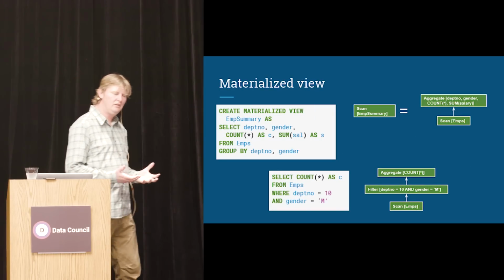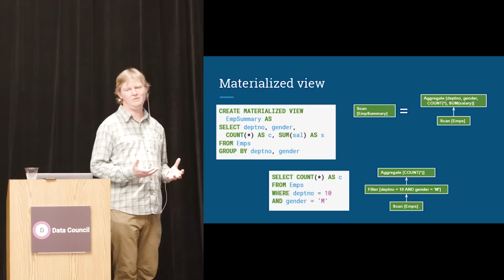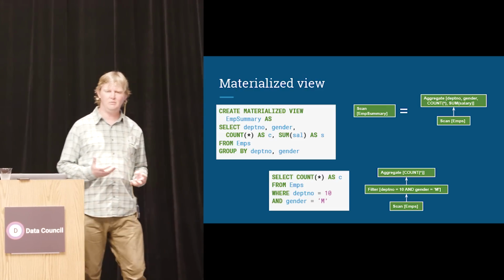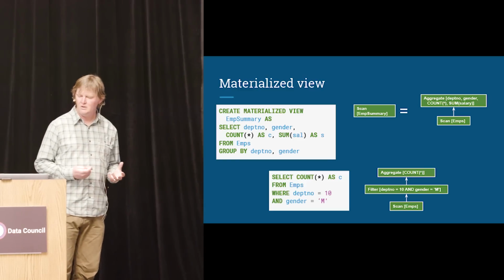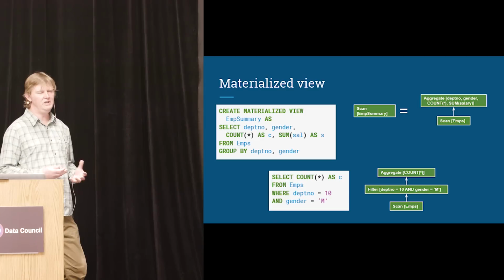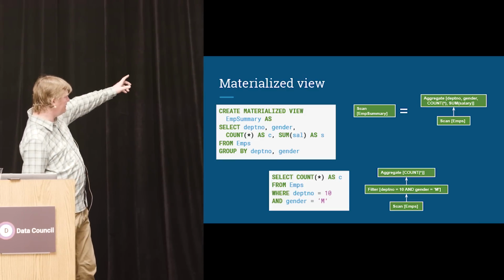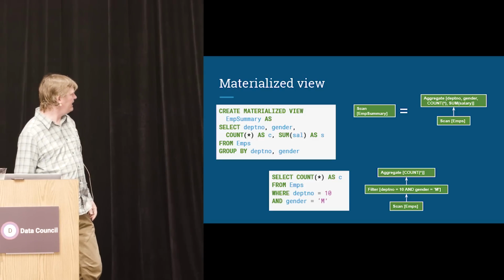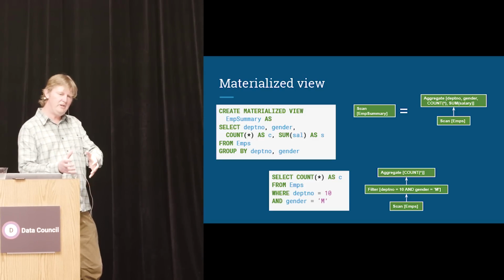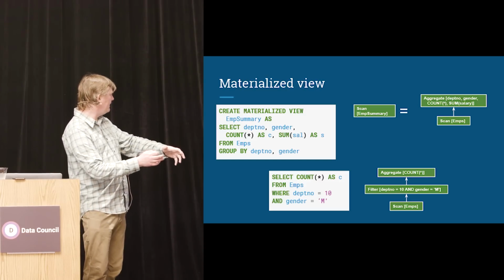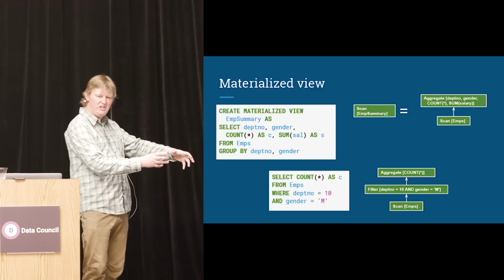Okay, materialized view is another important concept, and unfortunately, it has a very similar name to view, but it's almost the exact opposite. When you create a materialized view, it does store data on disk. So when I create this materialized view emp summary, I'm saying, in addition to the employees table, I want you to create this other table with employees grouped by department number and gender.